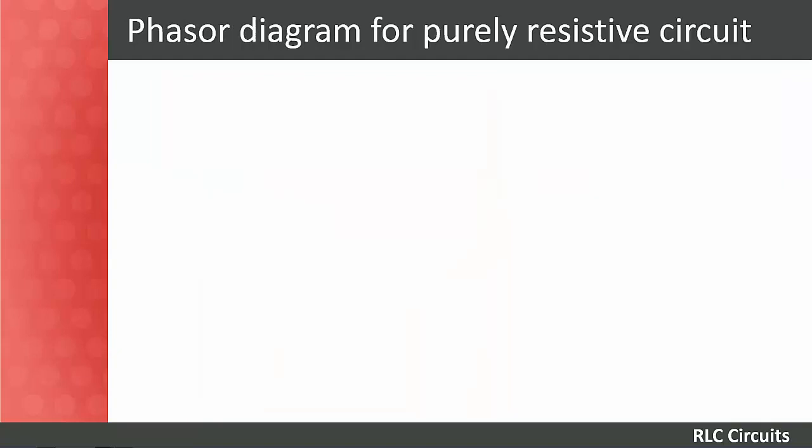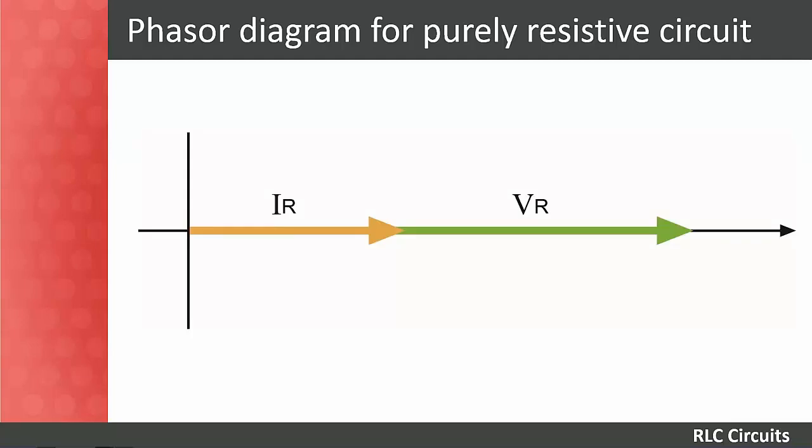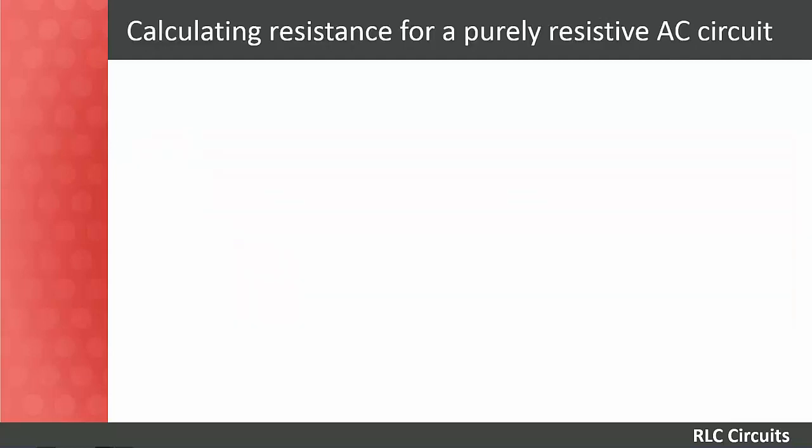As the supply frequency is common to both the voltage and current, their phases will also be common, resulting in the current being in phase with the voltage. Here is a phasor diagram for a purely resistive circuit. The effect that an alternating quantity has on a resistor is no different to that of a direct current, DC, quantity.